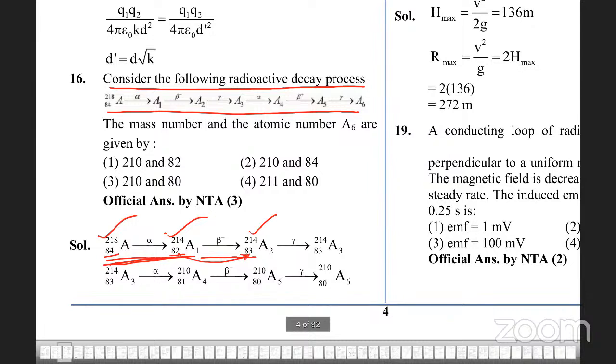But in case of gamma decay, no change in mass number, no change in atomic number. If you apply this concept, you will get the answer, third one. So just to revise once, what is alpha decay, what is beta decay, what is gamma decay. Based on that, you can expect a question.